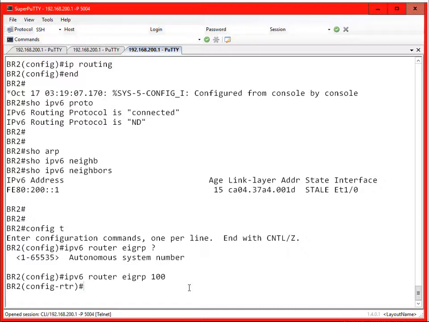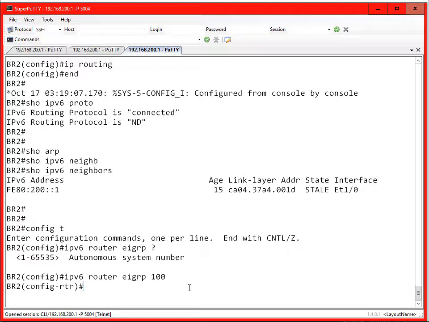In other words, we don't use network statements. The same applies here. In this particular case, we're not going to use network statements to establish a routing process. We're going to enable the routing process directly on the interface itself. We'll see a similar thing when we get into OSPFv3, OSPF for IPv6, as well.